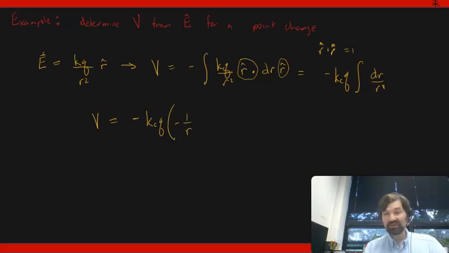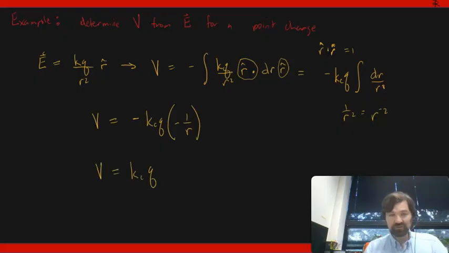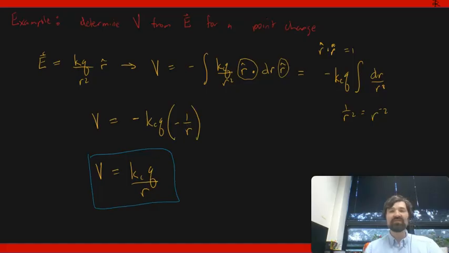This is r to the minus 2. So 1 over r squared is r to the minus 2. So add 1, and that's r to the minus 1, and now multiply by this, that's a minus 1. And so combine the minus signs, and I get V is equal to KQ over r, just as expected for a point charge. So that's consistent with the point charge.